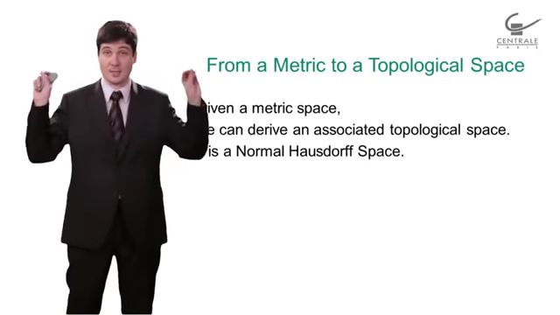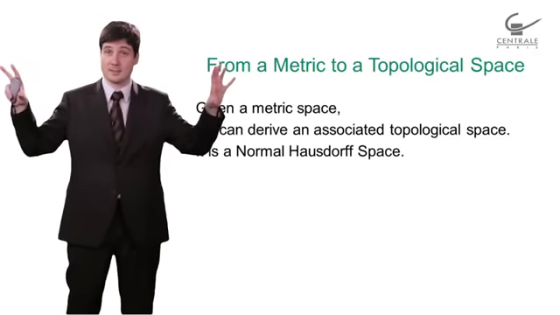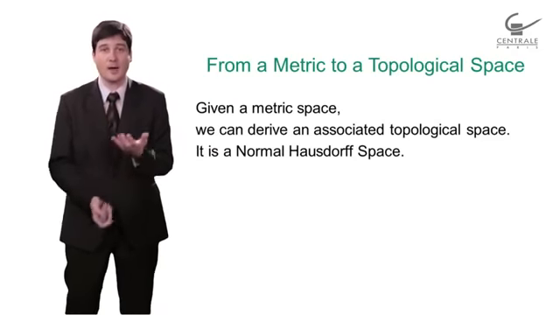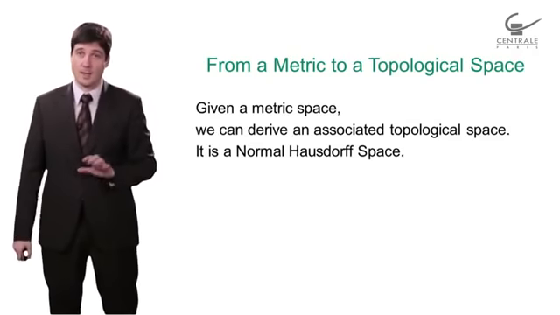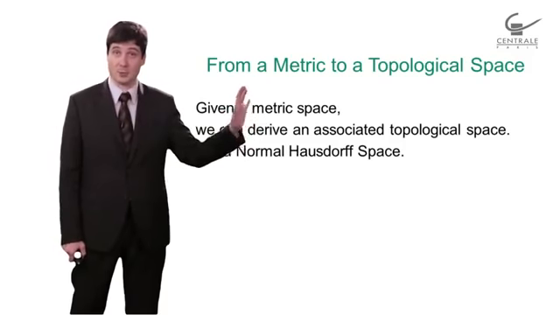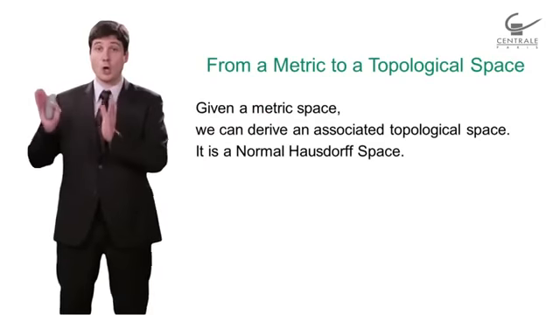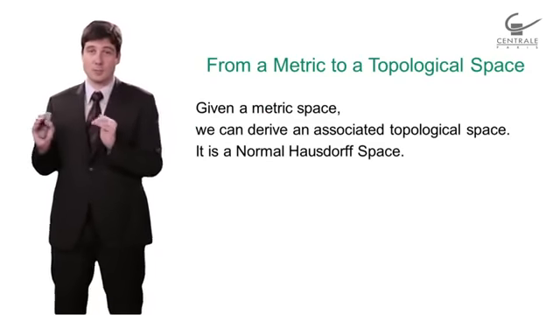That is, if I take two points, then I can find two open sets around these points that don't intersect. You can verify this very easily by just checking the definition of the topology I just gave you. And for those of you who chose to look at the PDF files associated with the video, you can verify that not only is it a Hausdorff space, it's also a normal Hausdorff space, which is a little bit better.